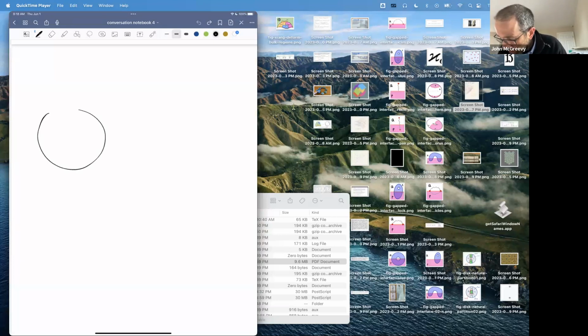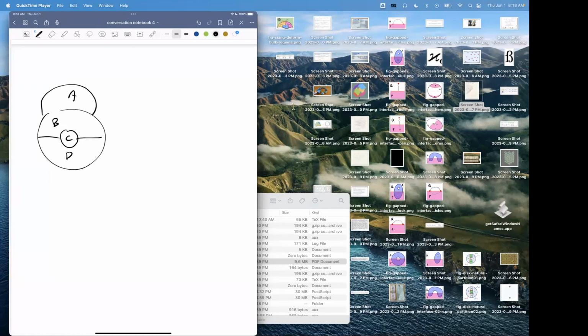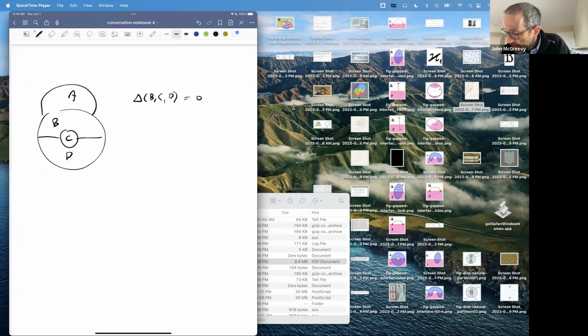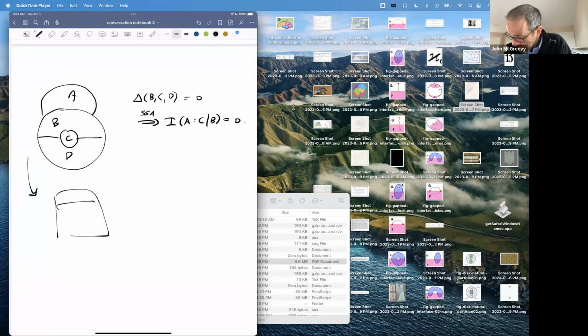Here's C, here's D, here's B. So A is some region here. Right, so the statement is that delta BCD equals 0 implies, using strong subadditivity, that the conditional mutual information between A and C given B is 0. If we redraw this, up to topology, it looks like this, up to homotopy.